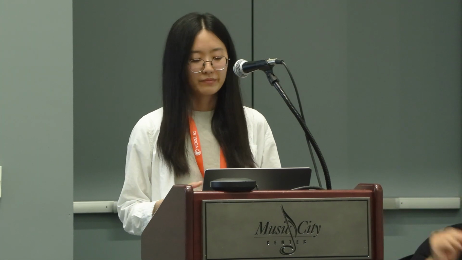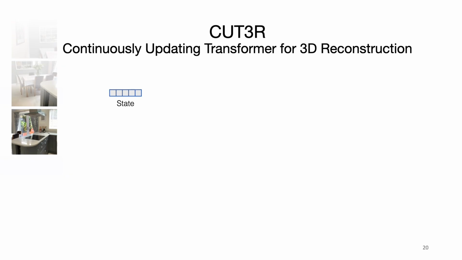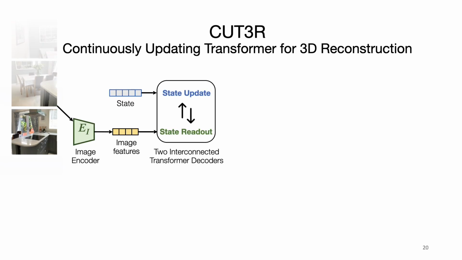More concretely, our method works as follows. At the core of our method is a state, which is a latent representation parameterized as a set of learnable features. When an image comes in, it is encoded into a set of image features. Then the state and image features talk to each other in a joint process of state update and state readout. This part is implemented as two interconnected transformer decoders, which is very similar to Duster. The state update decoder updates the state using the information from the image features.